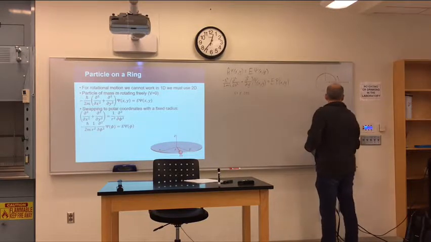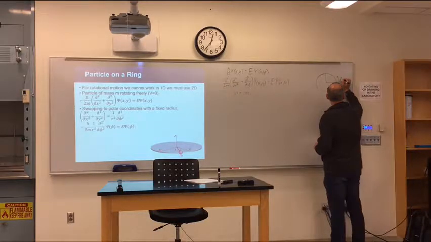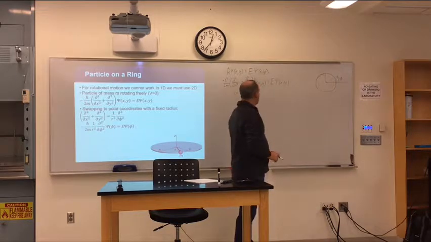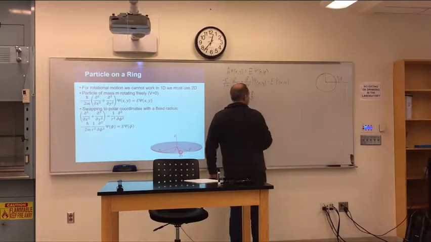So the angle that we're going to be using is phi as opposed to theta, which we have been using for other stuff. So we could say x is equal to r cosine phi and y is equal to r sine phi.